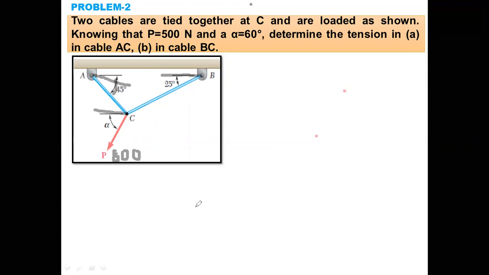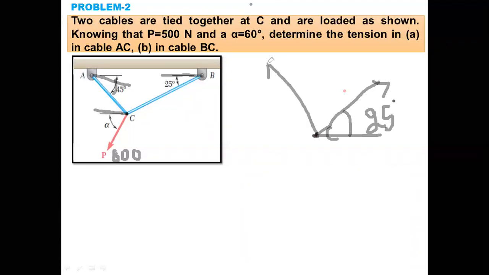To determine the tension in cable AC and BC, first I have to draw the free body diagram. So first I am going to draw the free body diagram at point C. At point C, there is a cable BC which is acting towards this direction, making an angle 25 degree with respect to horizontal. So this is 25 degree. The same way, the cable AC is acting along this direction, also making an angle of 45 degree with respect to horizontal.